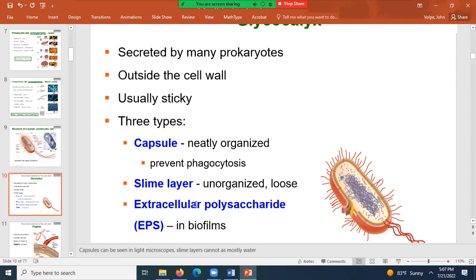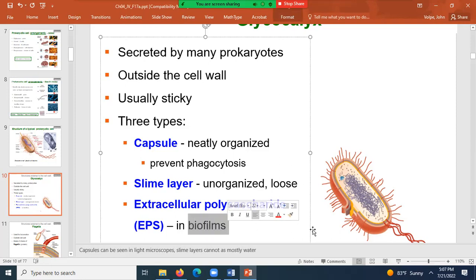And then the third type of glycocalyx is an extracellular polysaccharide, which you only find in biofilms. We'll talk a little bit about biofilms later in the term. That's when the bacteria, while growing, put out a glycocalyx, which connects with all the other bacteria and adds to the glycocalyx.